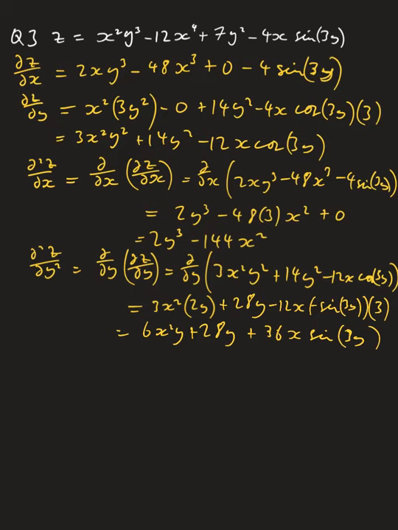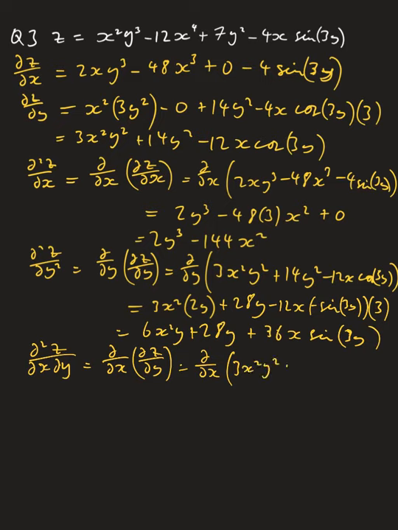Now let's do a mixed one. Let's do the second derivative with respect to y first and then x. So that's ∂/∂x of ∂z/∂y. So that's equal to ∂/∂x, and I'll pop in my ∂z/∂y here. It's 3x squared y squared plus 14y minus 12x times the cosine of 3y. So I differentiate all that now with respect to x, treating y as a constant.